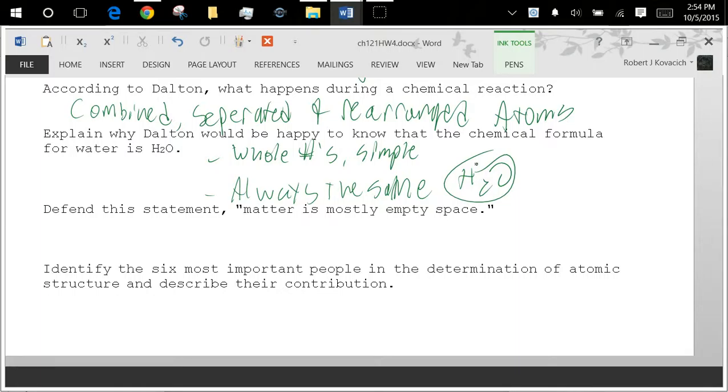So matter's mostly empty space. Why is that a true statement? What about the nucleus?